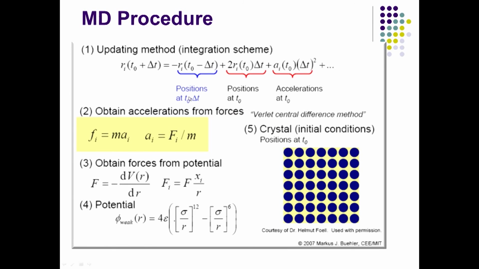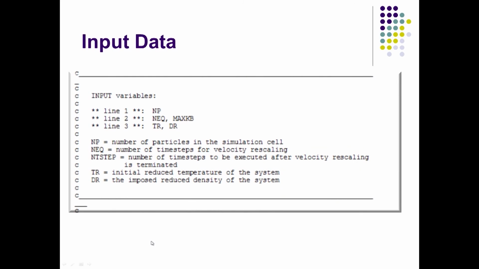So, I am going back with using this calculation. Now, you can do updating method for time integration, calculate the forces, obtain forces from potential energy, use the Lennard-Jones potential parameter, and then from the initial condition of the crystalline structure. So, this is where we are now getting into the input data.